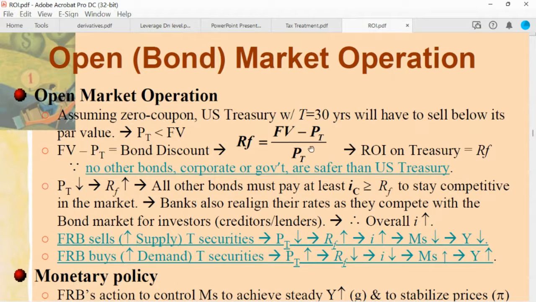And then this return is called risk-free return. Why? Now think about it. From early on, I said there are only three risk-free returns.